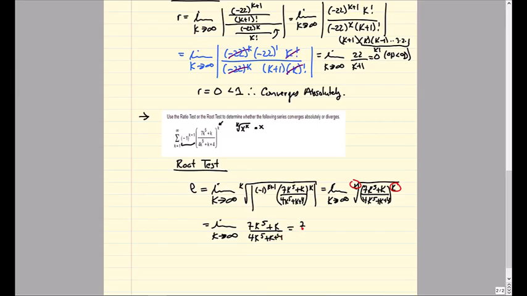And this is equal to 7 over 4 because the degree in the numerator is equal to the degree in the denominator. So the limit is the ratio of the leading coefficients. Now since rho is equal to 7/4, I can go back up and compare that on my root test, and 7/4 is greater than 1. Therefore, the series diverges.